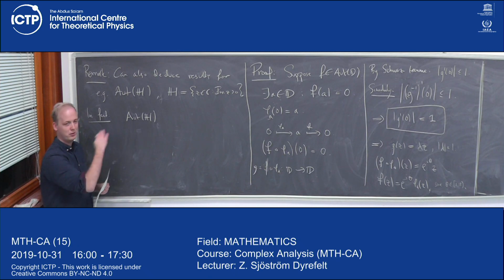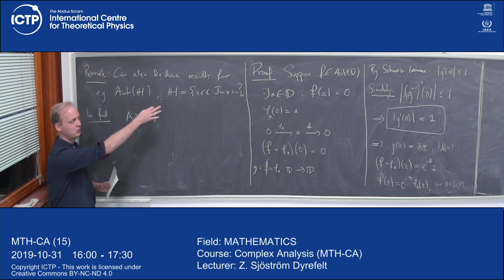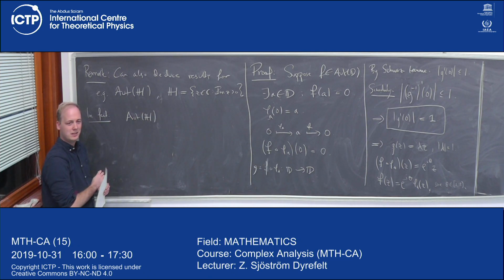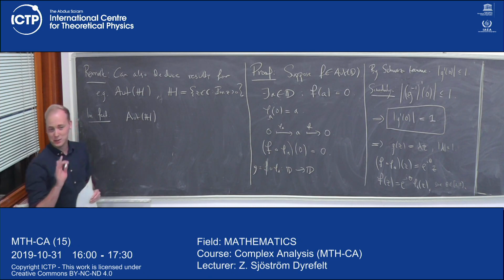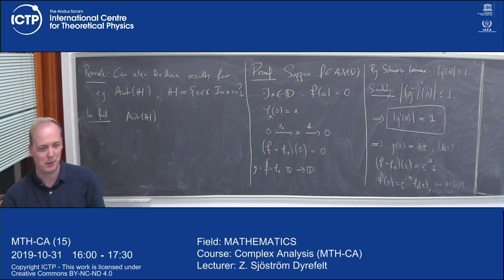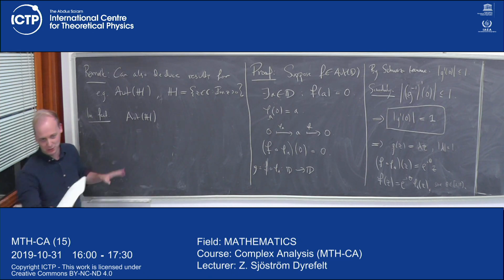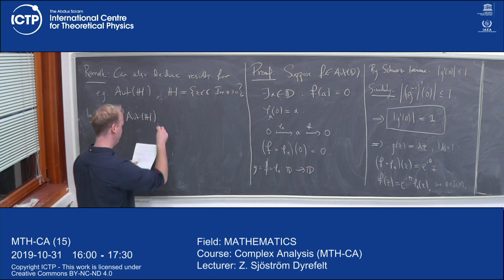So that is a map from the automorphism group of H to the automorphism group of D, which associates to each automorphism f of the disk phi composed with f composed with phi inverse. Yes, you're correct, and actually this map is an isomorphism. So they're isomorphic, and you gave the isomorphism. Yeah, that's very good.